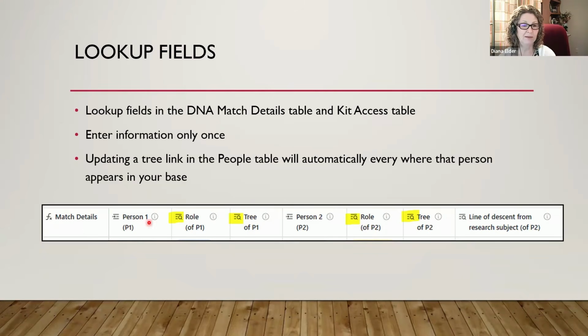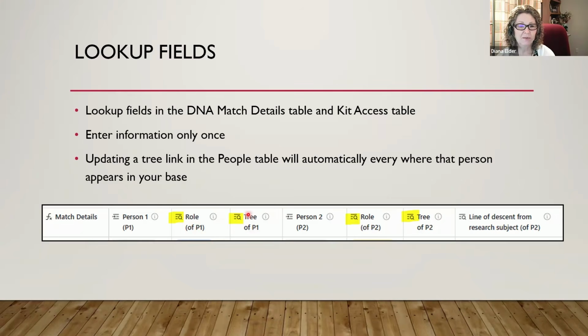And once you have put him in as test taker, every time you type in John, it will just pre-fill for you. You won't have to keep typing in that he is your test taker. And the same with DNA matches. Once you've given them the role, then it looks that up in the people table and you've got it, which will help with duplicate data entry because we don't want to do more of that than we ever have to.